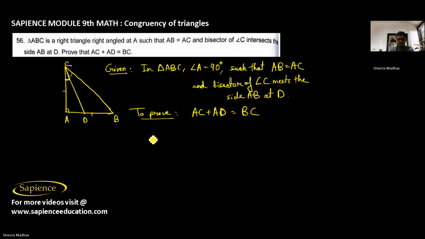So now here we need one construction. The construction is we have to extend CA to the point E such that AE equals AD, and then we have to join DE.